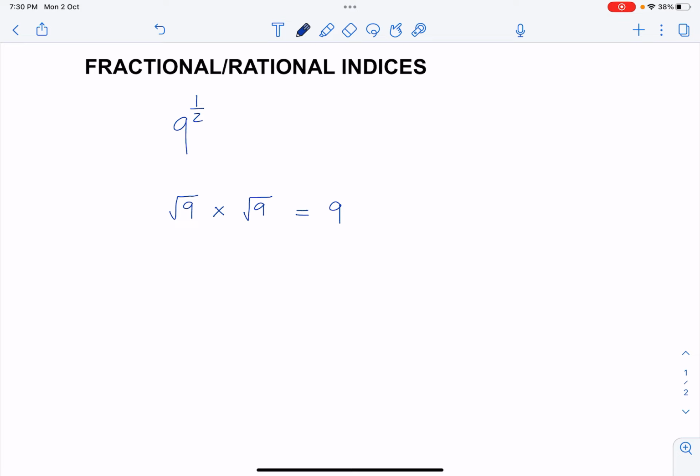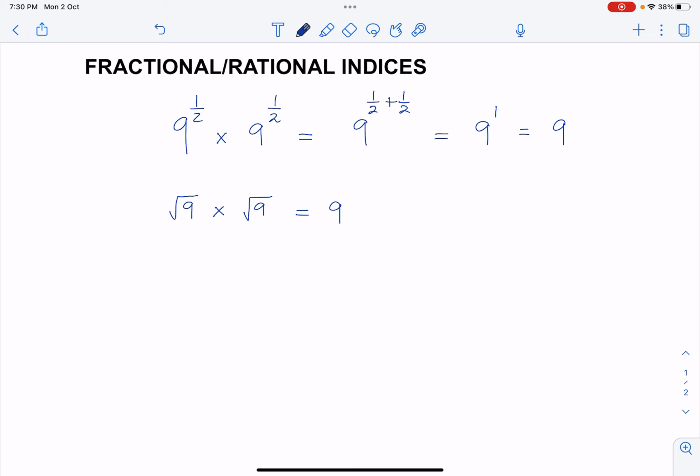If I have 9 power a half multiplied by 9 power a half, if we apply the first law of indices, the multiplication law, then we are supposed to add the indices. So it's 9 power half plus half, which is 1. So this is 9 power 1, which is just 9.